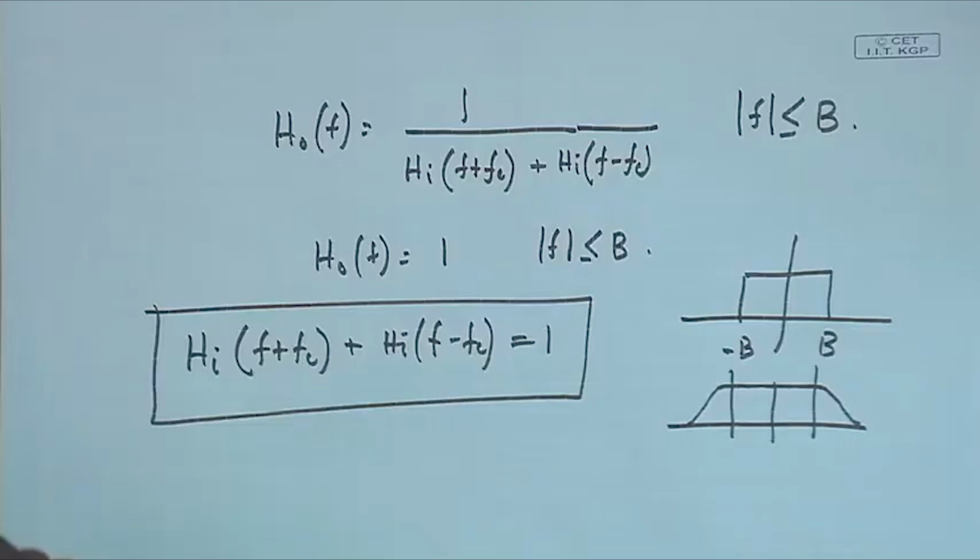As long as it is flat within the band of interest, it is alright. So the input filter has to be properly designed; whatever it is, it must satisfy this. So let us first see what this input filter is, how it should look.